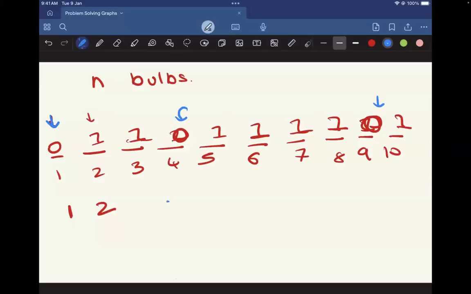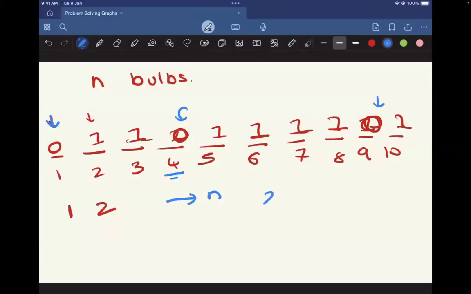Guys, for any number, do you agree it will be turned off or on equal to the number of divisors? Everything is initially on. When a number has an odd number of divisors, only then its final state will change.